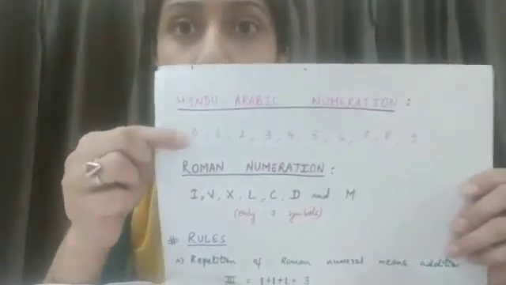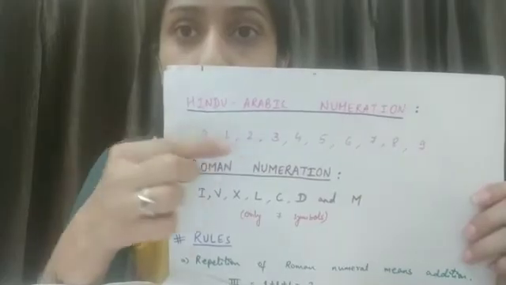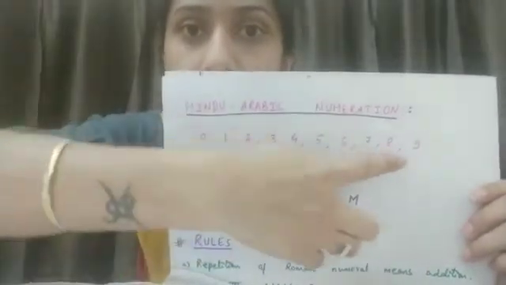As we know, the Hindu-Arabic numeration is 0, 1, 2, 3, 4, 5, 6, 7, 8, 9.